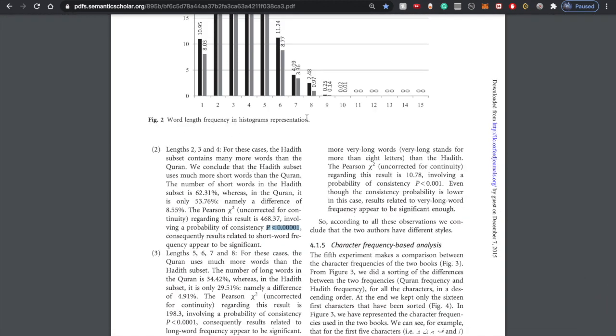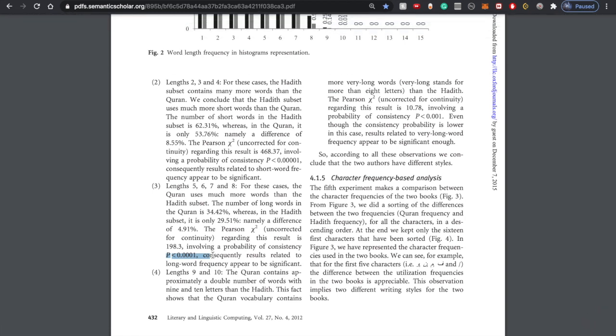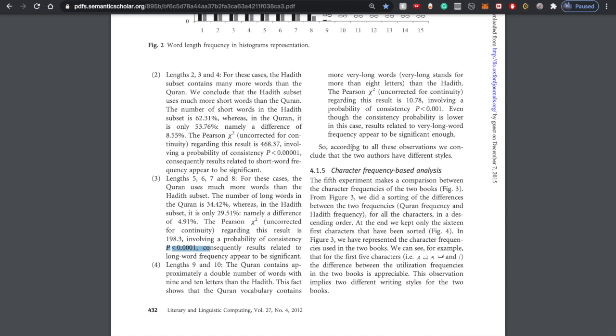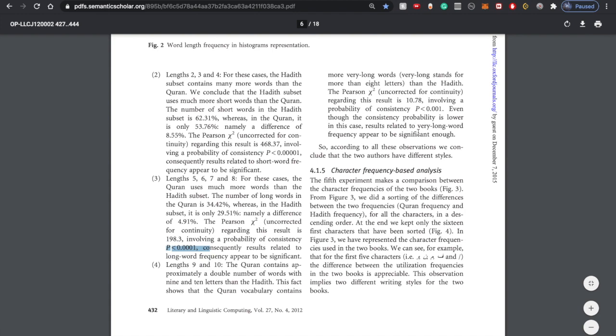For 5, 6, 7, 8, they found p is less than 0.0001, which again just means almost no chance, right? Very, very, very little. For 9 and 10, they found p is less than 0.001. So according to all these observations, we conclude that the two authors have different styles. Okay, important to understand.